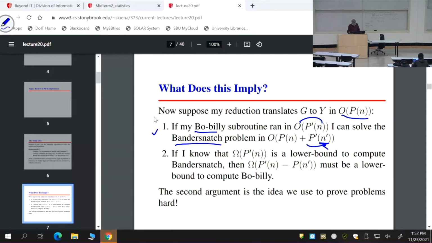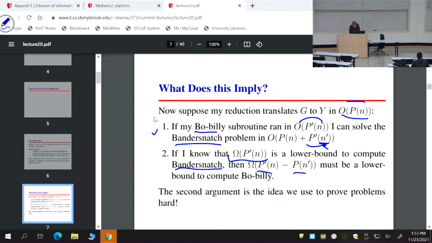But if I know that there is no fast algorithm for Bandersnatch, if I know that Bandersnatch is a hard problem, if there is no way you can compute it faster than P prime n, then P prime n minus the cost of translation must be a lower bound on computing Bobilli.